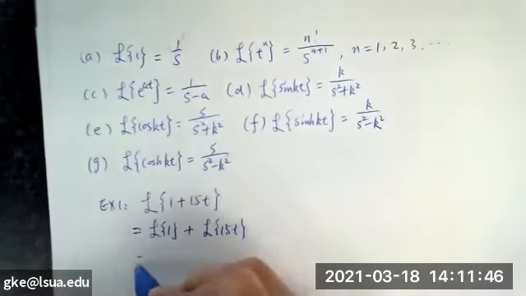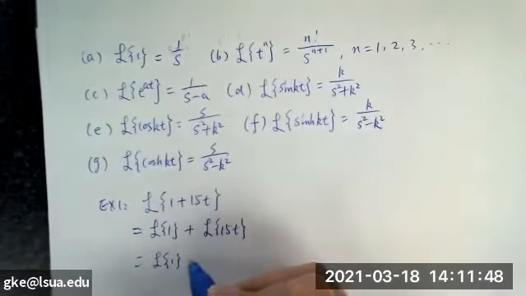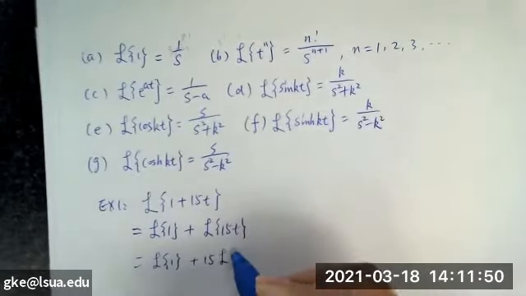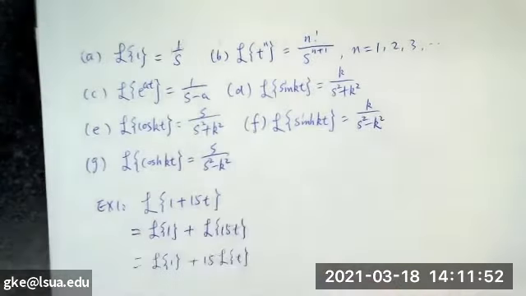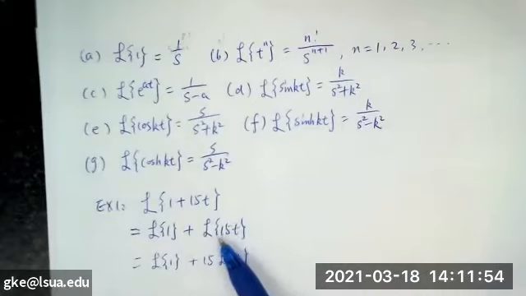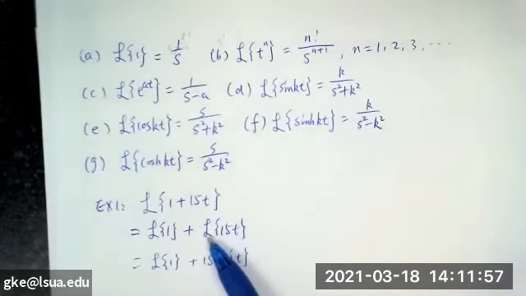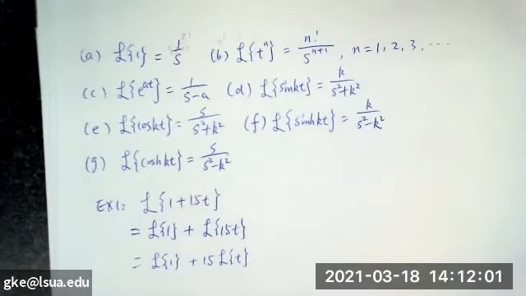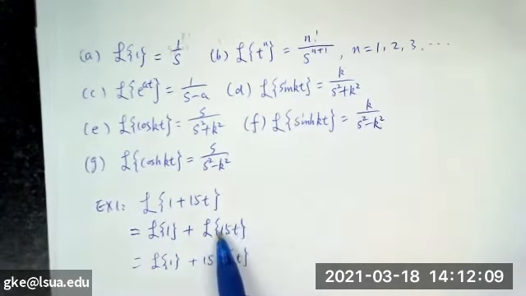And here we can always put the coefficient 15, the constant, out of the Laplace transform, because the Laplace transform is about the integral. When you do the integral, that's a multiplication with a constant. So you can always put the constant out of the Laplace transform, okay?